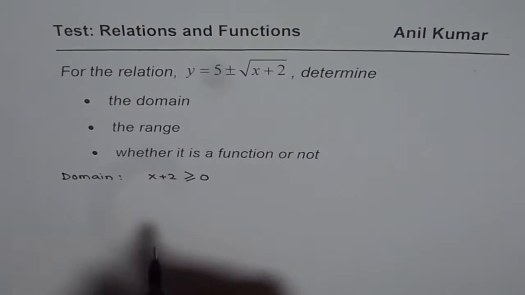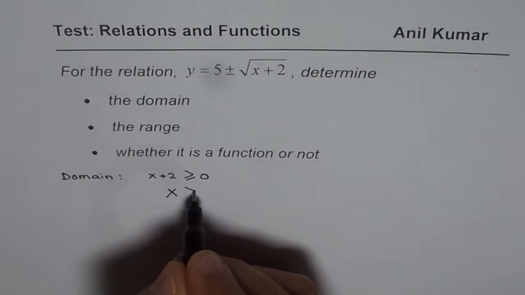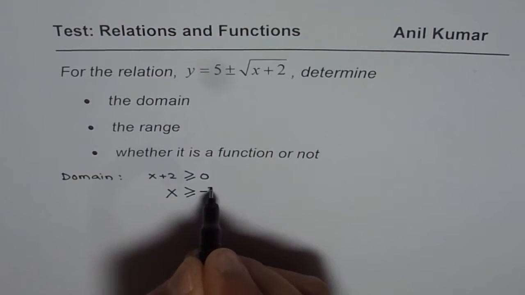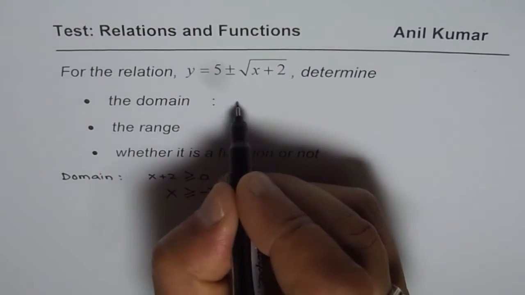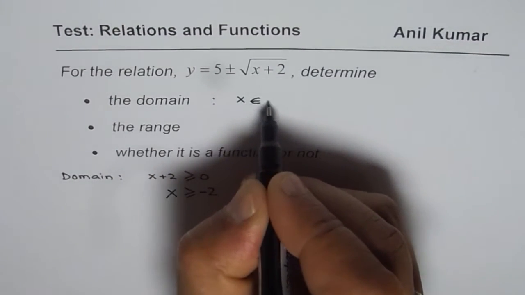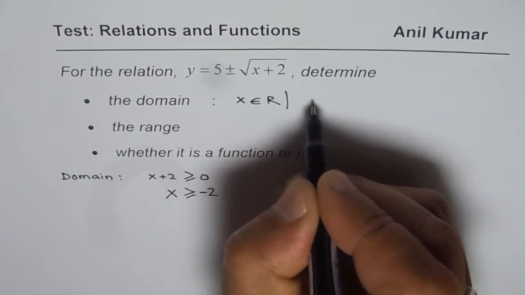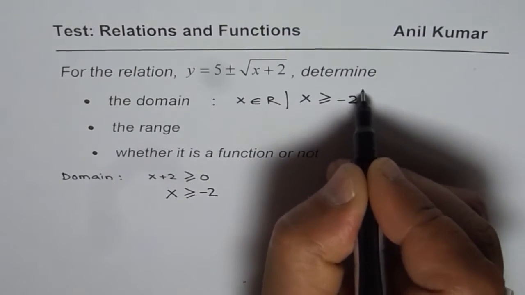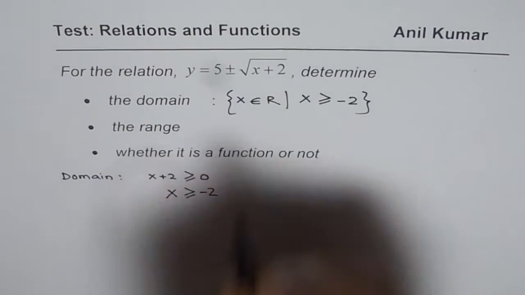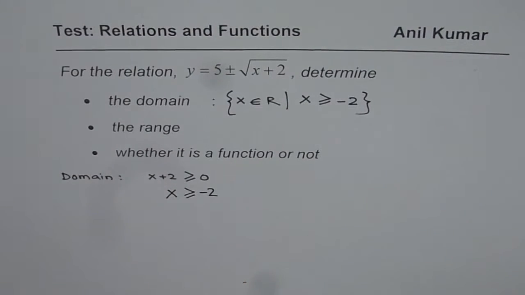That gives us the solution x ≥ -2. So that becomes the domain. So we have domain here as x belongs to real numbers such that x is greater than or equal to -2. Do you get the idea?